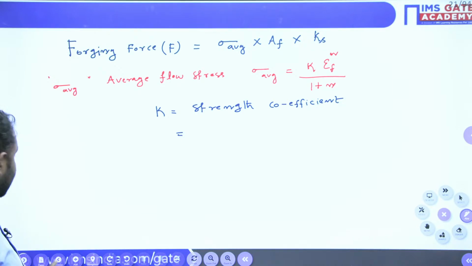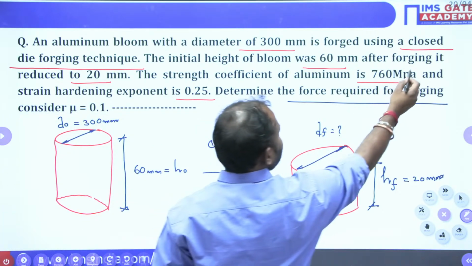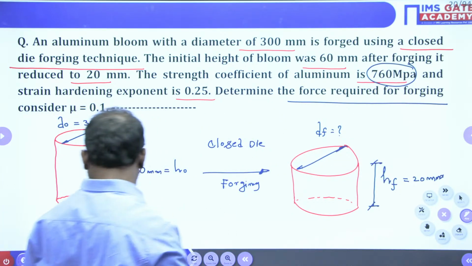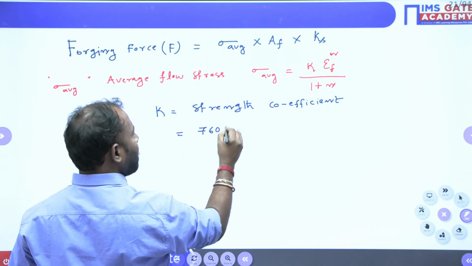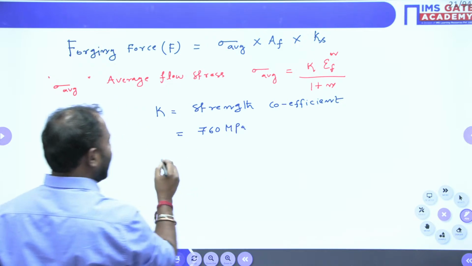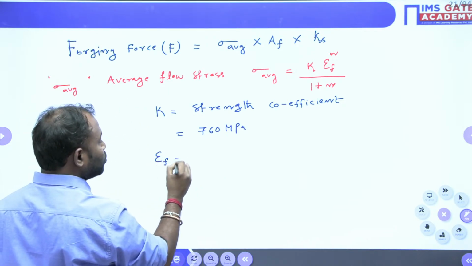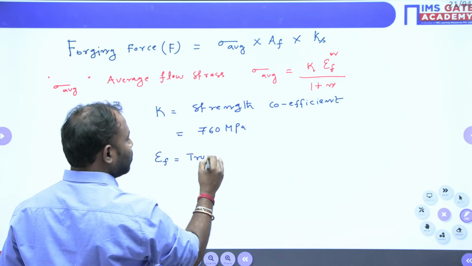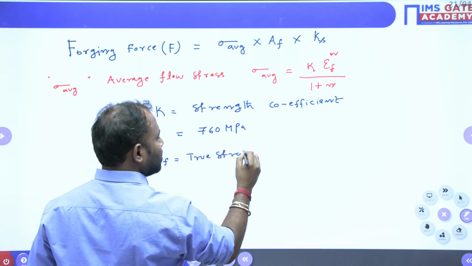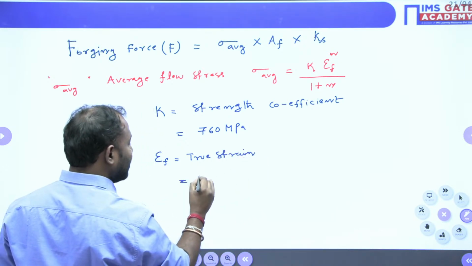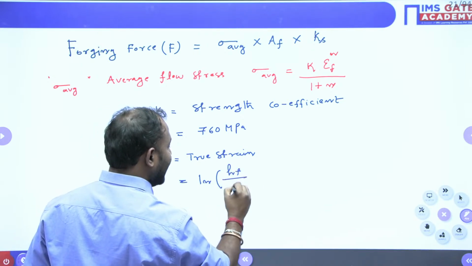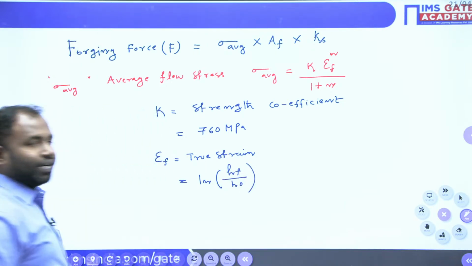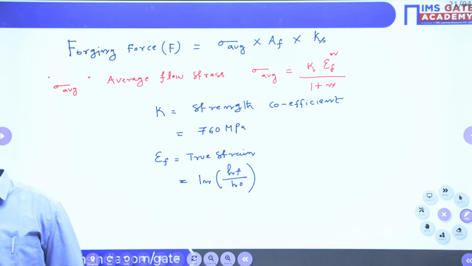The strength coefficient is 760 megapascal. Okay, right, 760 megapascal. Next, epsilon F, that means the true strain, is equal to ln of HF divided by H naught. Yes, guys.